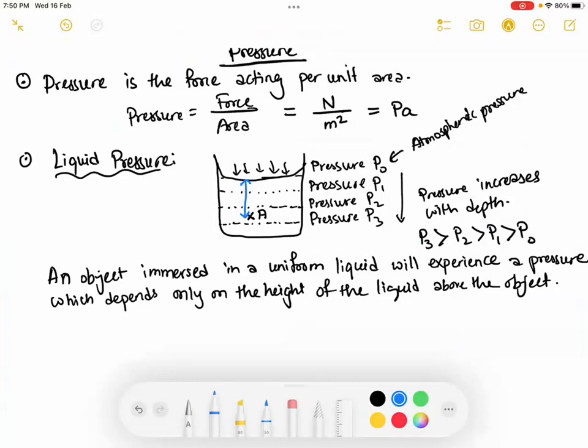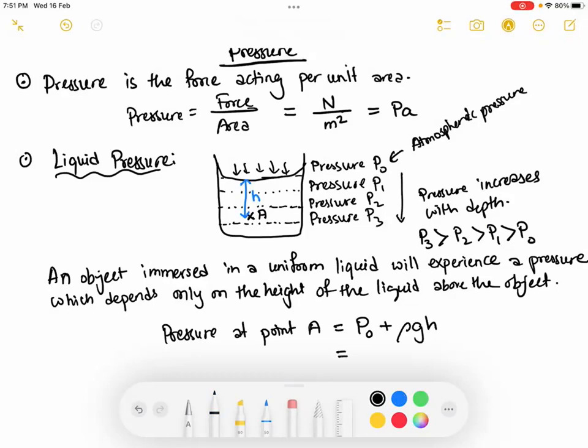We need to know the height of that point from the very top, so the height of the liquid that is above point A. And then we need to use a formula: pressure at point A is equal to P naught plus rho GH.